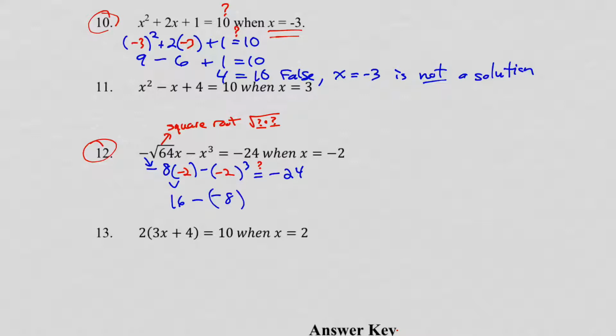And that's going to be plus plus now, which gives us positive 24. And positive 24 does not equal -24, so this is false. It's not a solution.